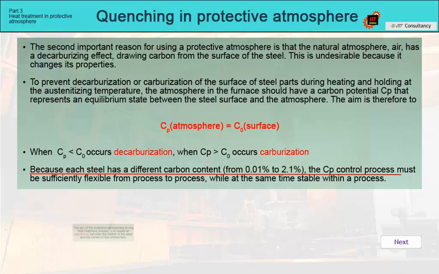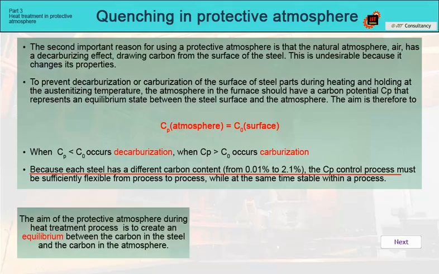The aim of the protective atmosphere during the heat treatment process is therefore to prevent oxidation due to atmospheric oxygen, while at the same time creating a balance between the carbon in the steel and the carbon in the atmosphere of the working chamber where the parts are heated for hardening.